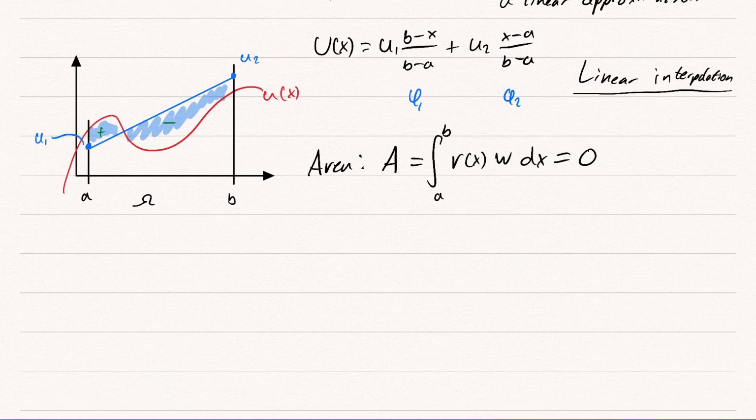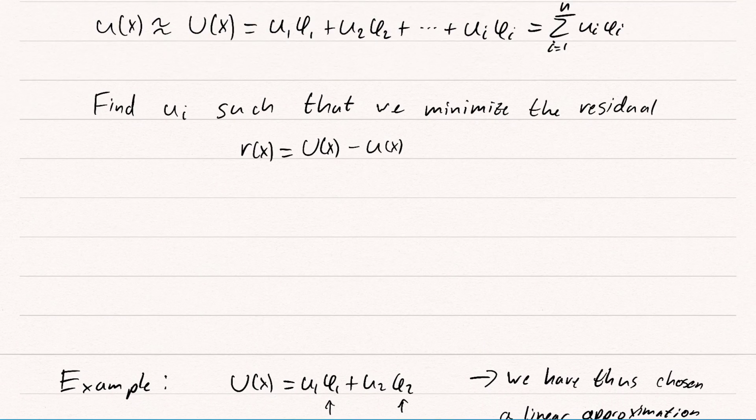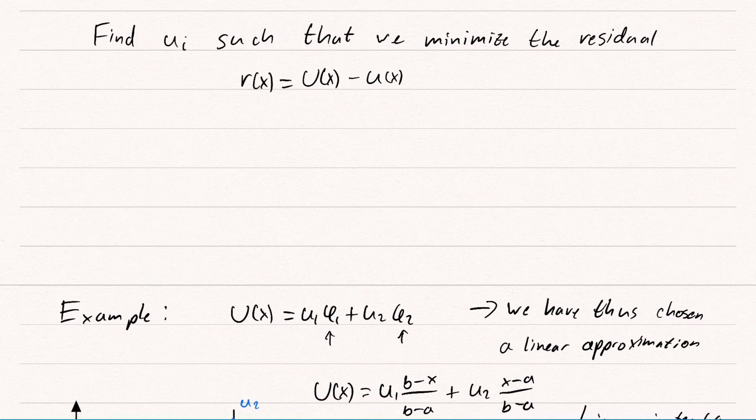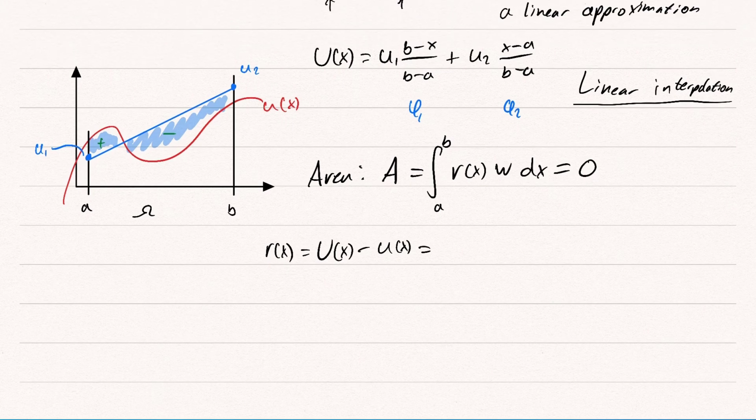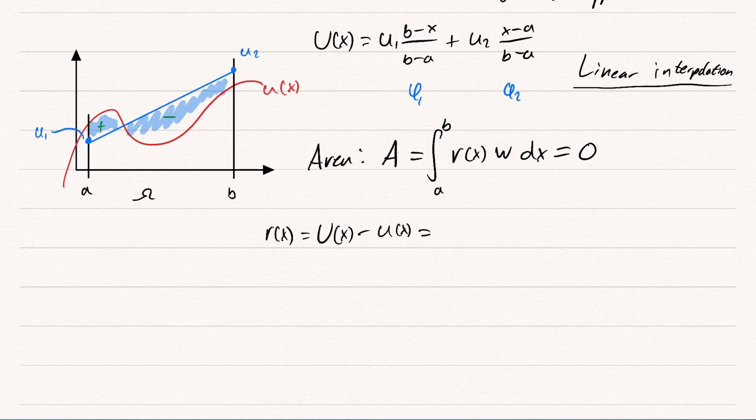Now let's look at details here, because I've already hinted that r of x is equal to u of x minus u of x. So let's continue with that. So we have r of x equal to u of x minus u of x. Okay, so if we expand this now, because we know what u of x is, we have it up here, so we can write it on a general form.